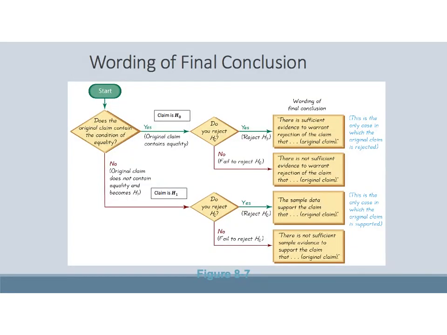And I'll end up with pretty much the same thing because the claim was the alternative, and I rejected the null.